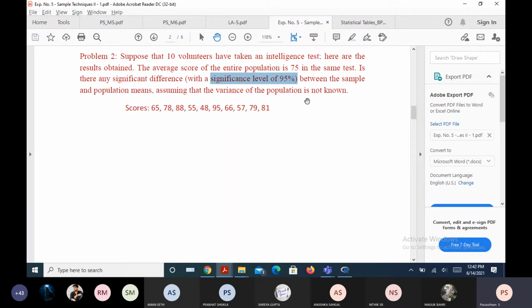That means 5% of 50% is 2.5%, which is 0.025. You take 0.025 on the left of the mu and right of the mu under the bell curve. And its complement will be 0.975.